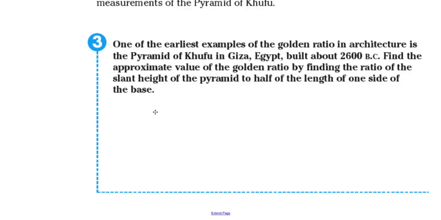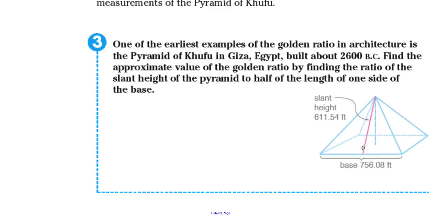Find the approximate value of the golden ratio by finding the ratio of the slant height of the pyramid to half of the length of one side of the base. This is the slant height.